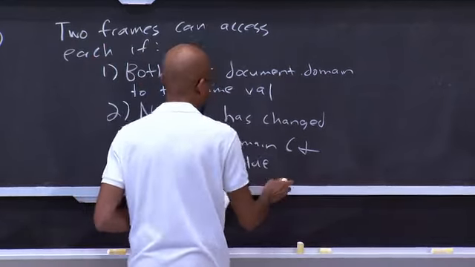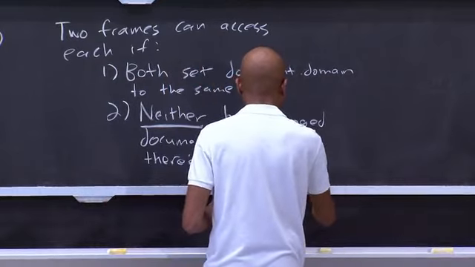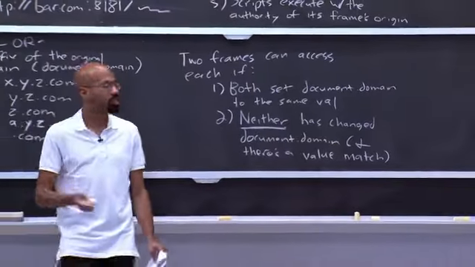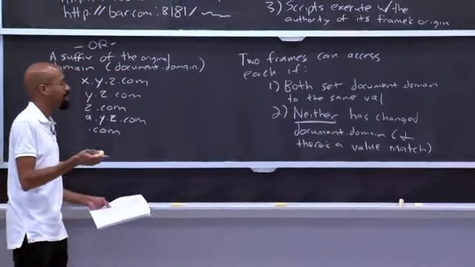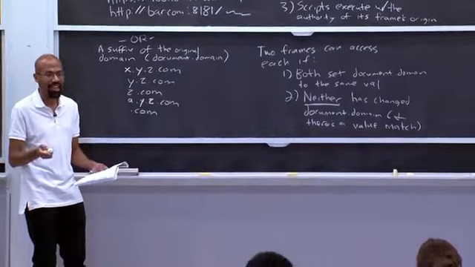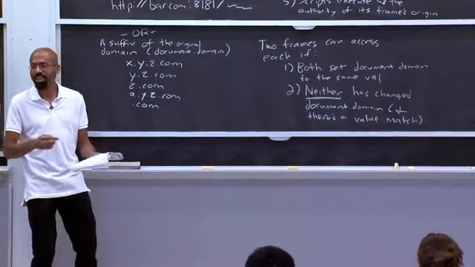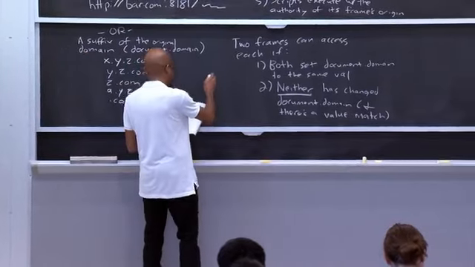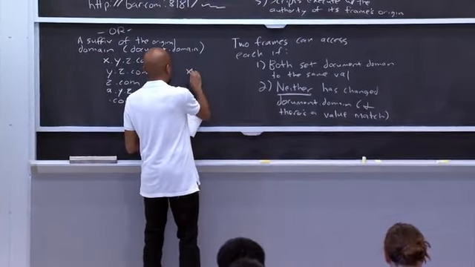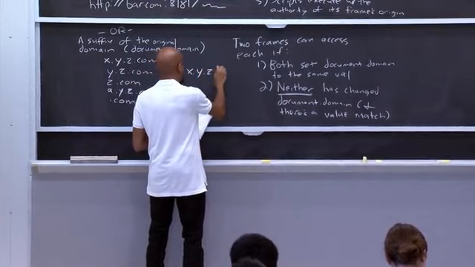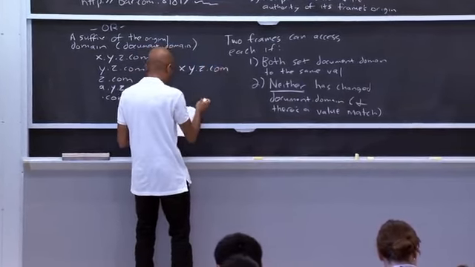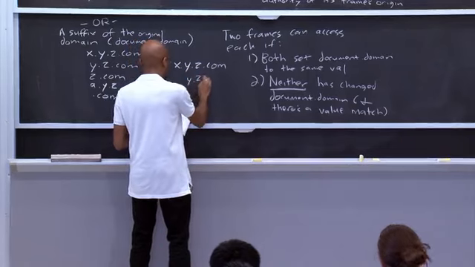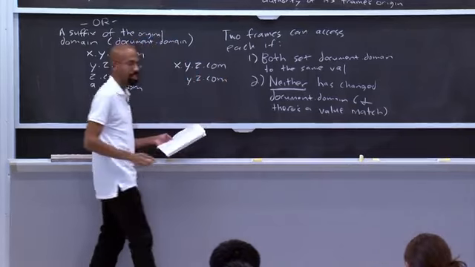So the reason for this is a bit subtle, but the basic idea is that these two rules prevent a domain from being attacked by one of its own buggy or malicious subdomains. Okay, so imagine that you have the domain x.y.z.com, and then imagine that it's trying to attack y.z.com, right?